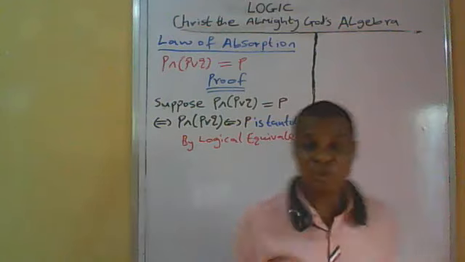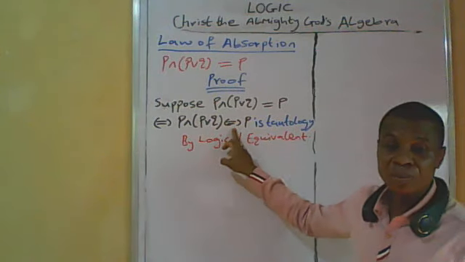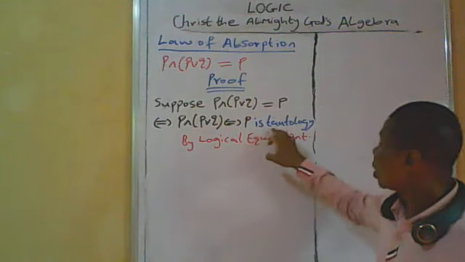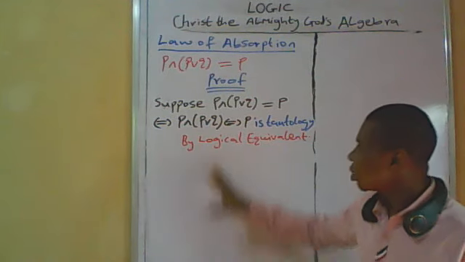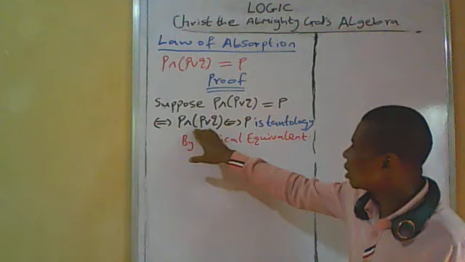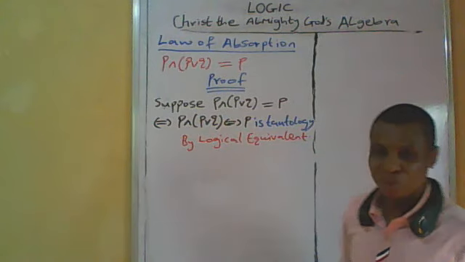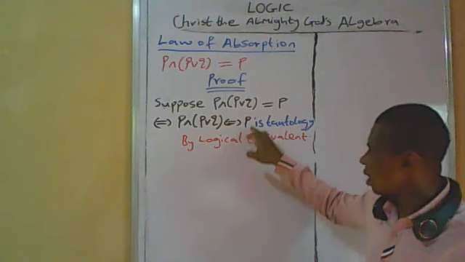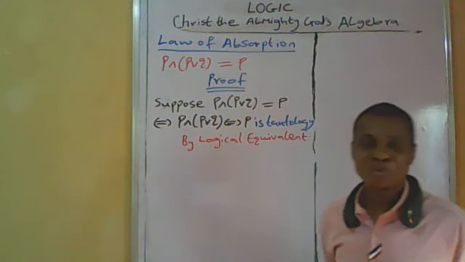We have now transformed this equation to a biconditional statement, and it's still true, it's a tautology, in the sense that whenever the left side is true, the right side must also be true, and whenever the left side is false, the right side must also be false.